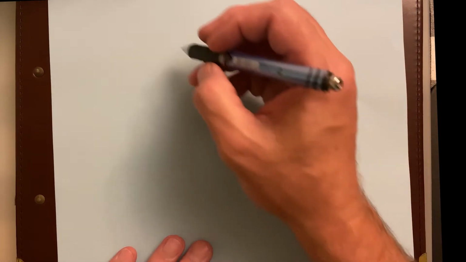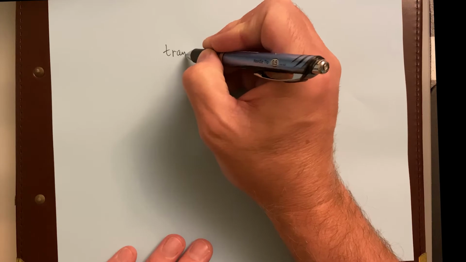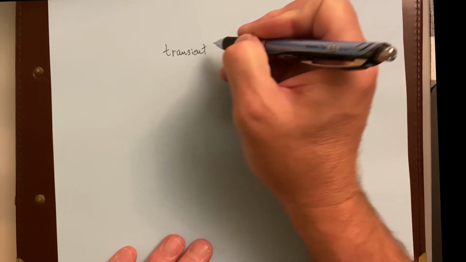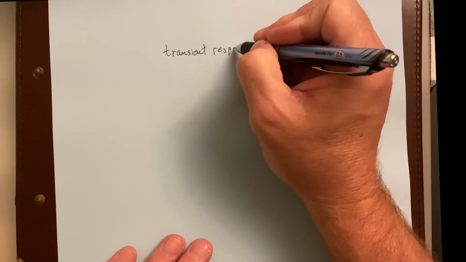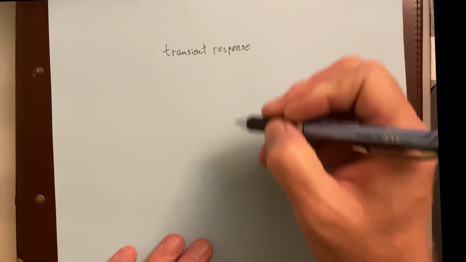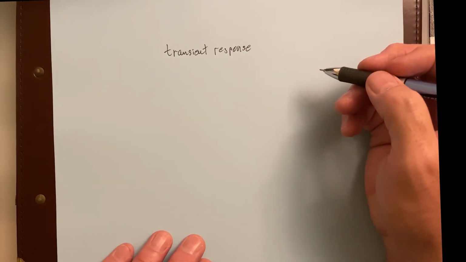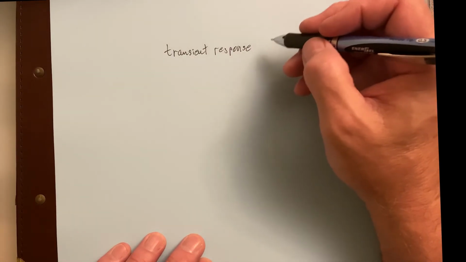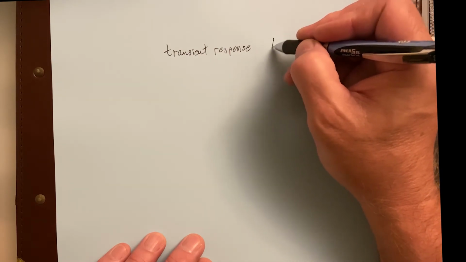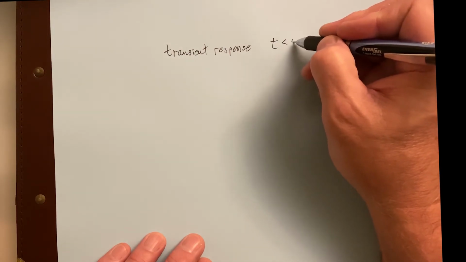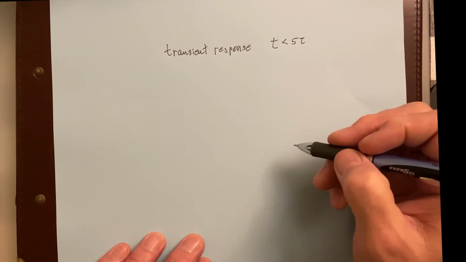Now, given all of that, we have just seen that there is a transient response. So the transient response for a natural response occurs for t less than 5 tau of time.